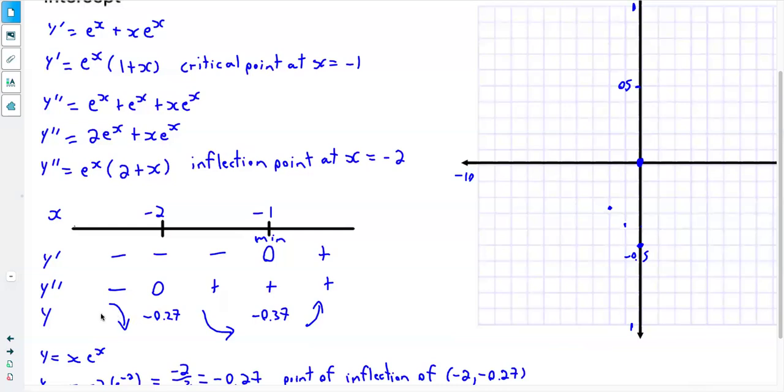So we can see we have something that comes in and turns downward. So we'll have a graph that looks something like this. We can see that once it hits that, we start losing some of that negative slope as it becomes positive. So it starts turning upwards, and then it'll go through that y-intercept and continue upwards.